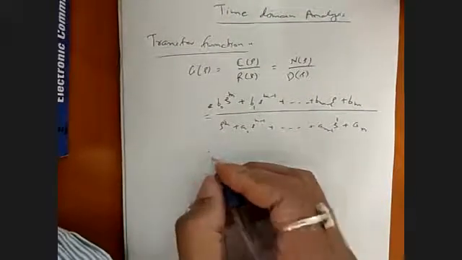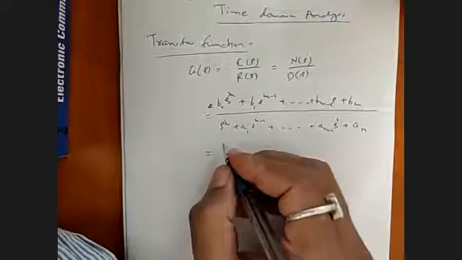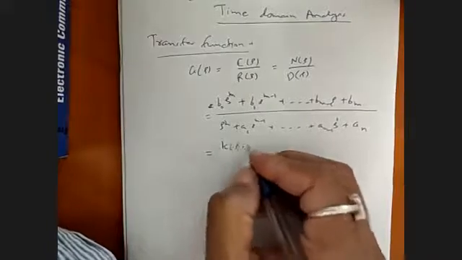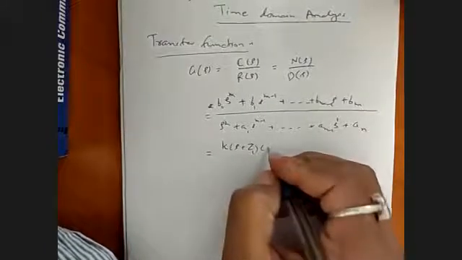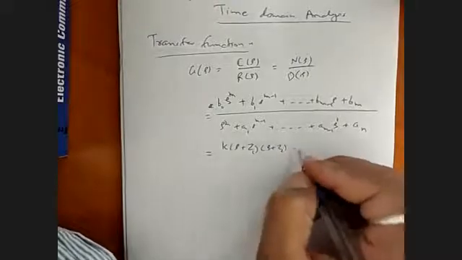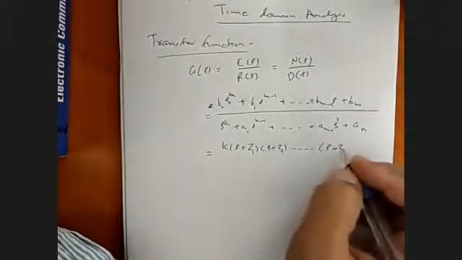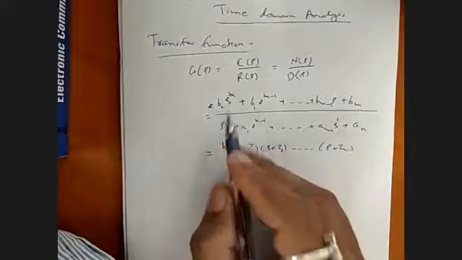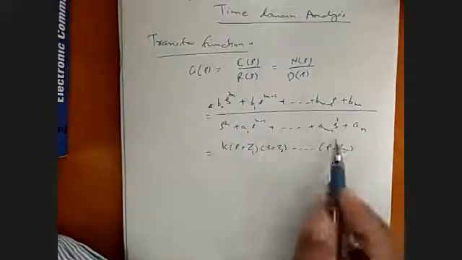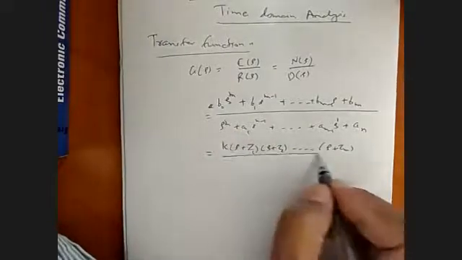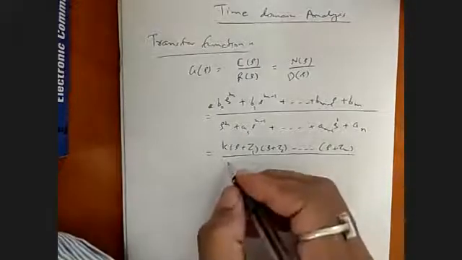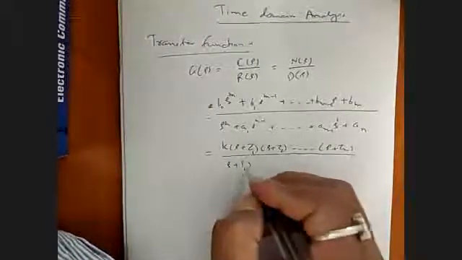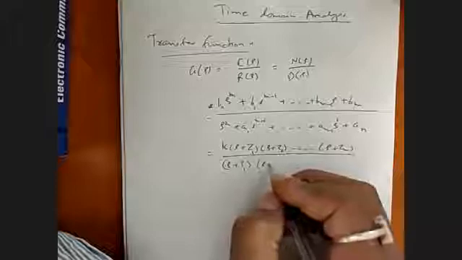So we will be considering that their roots are, we are defining them as s plus z1, s plus z2, up to s plus zm. Because s to the power m is there, we will be having m roots of numerator, and similarly we will be having n roots of denominator.